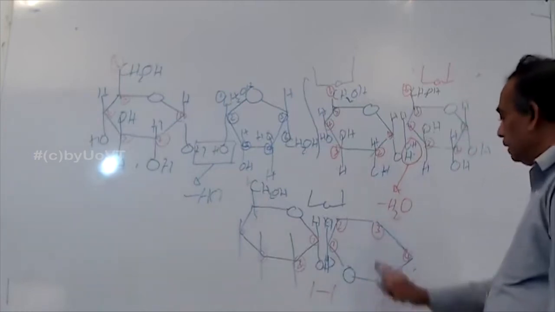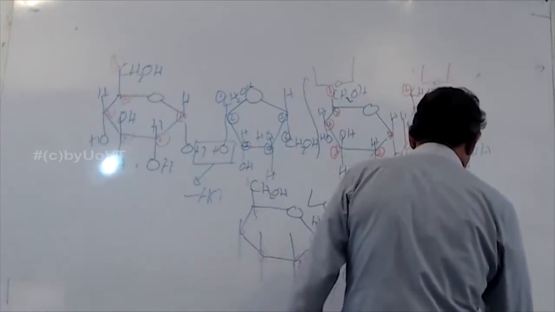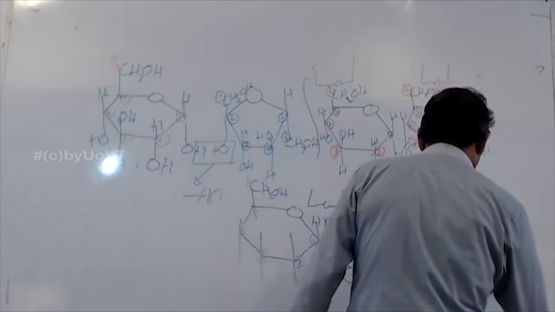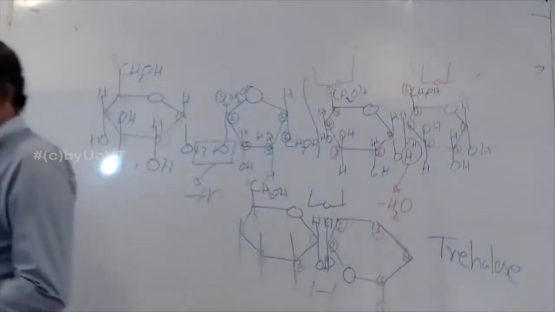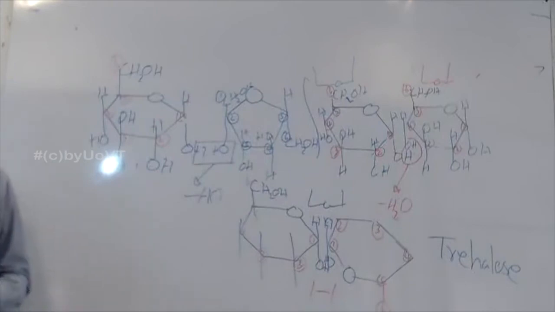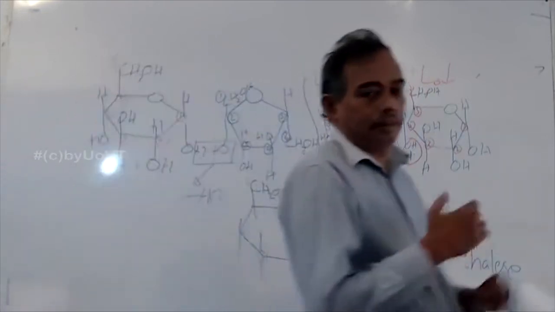So this compound is known as trehalose. Trehalose means again the monomers are the same as in maltose, but the bond formation is different.